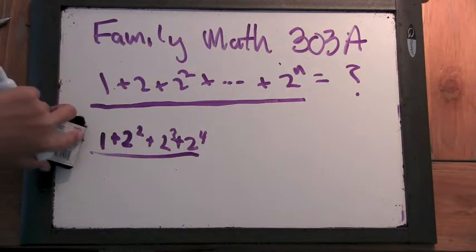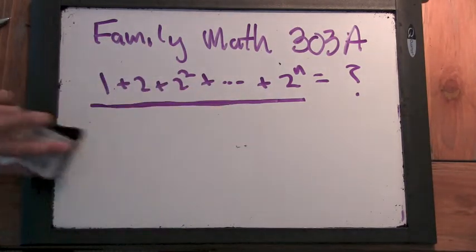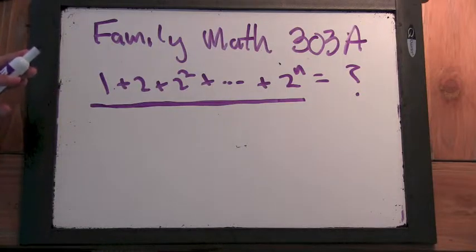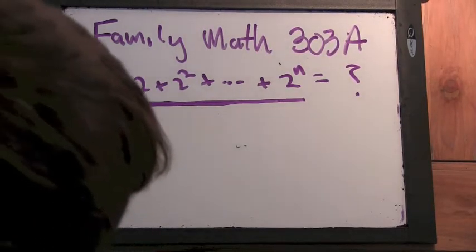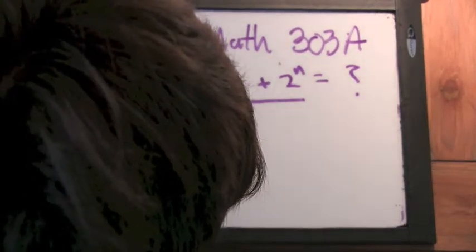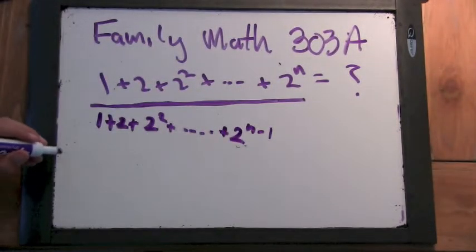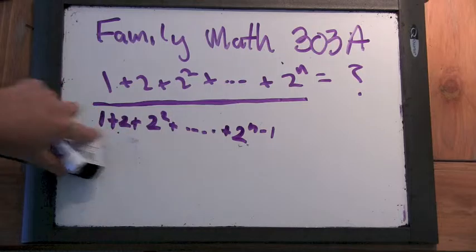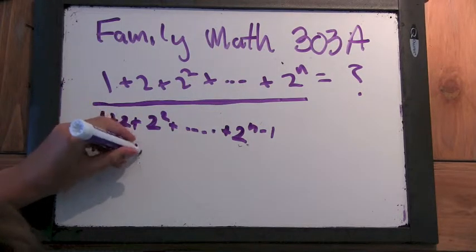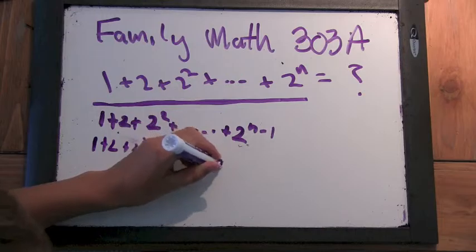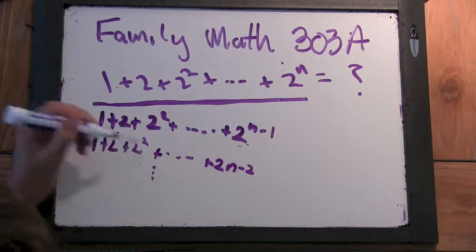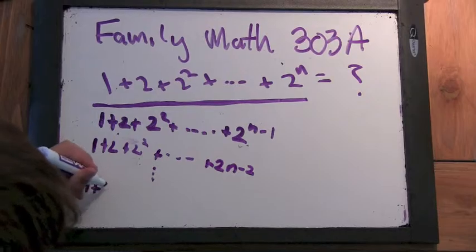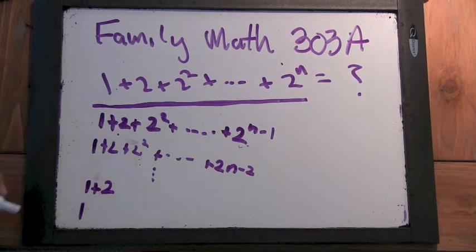Well, I guess I can do it just from the first sum. I can do 1 plus 2 squared plus all the way up to plus 2 to the n minus 1. And then 1 plus 2 squared and 1 plus 2 to the n minus 2 all the way down to 1 plus 2, 1.